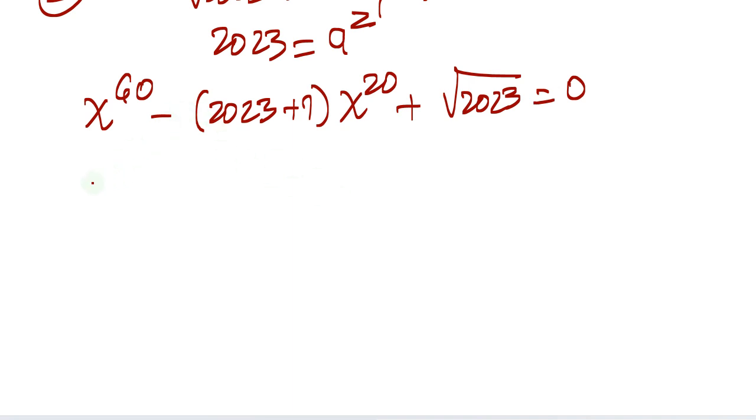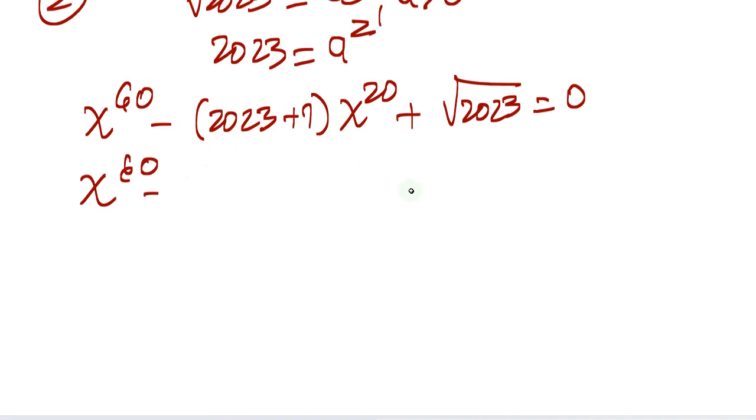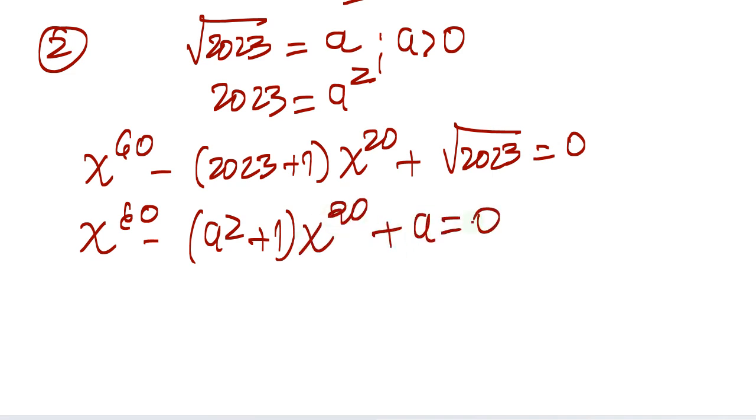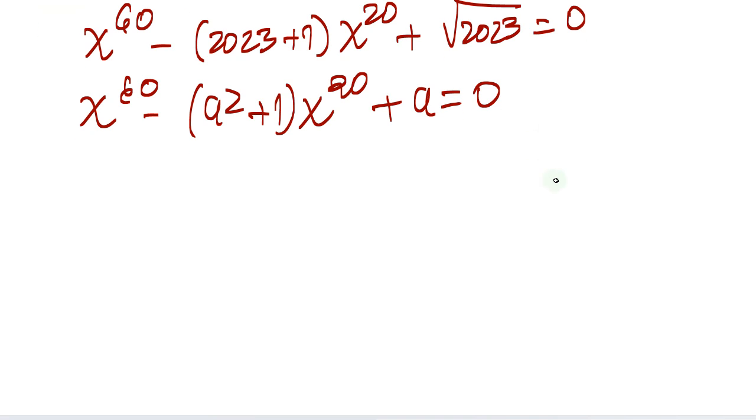So from here we have x to the 60 minus a squared plus 1, because 2023 is a squared, which multiplies x to the 20, and then plus a, which is square root of 2023.